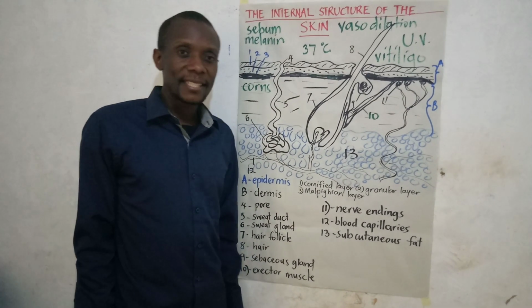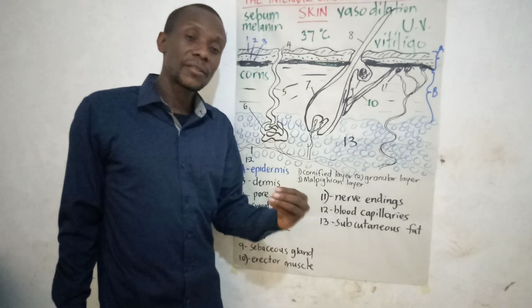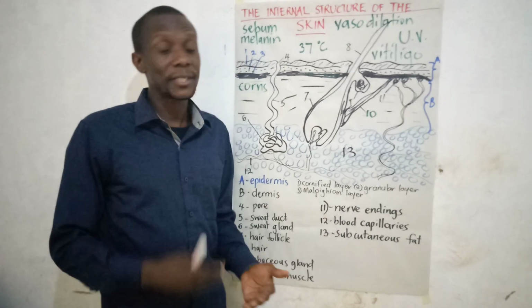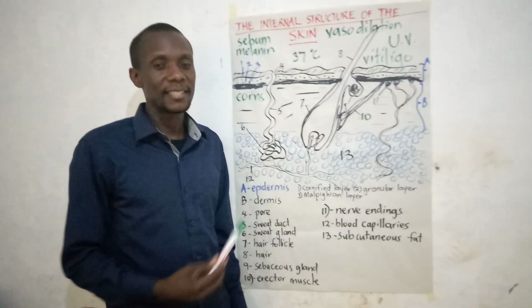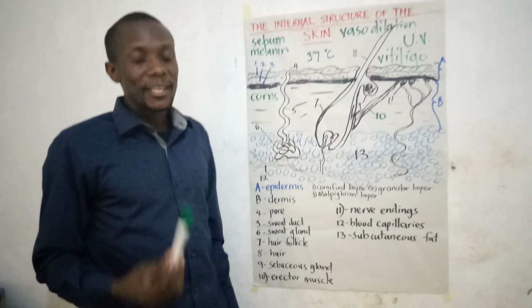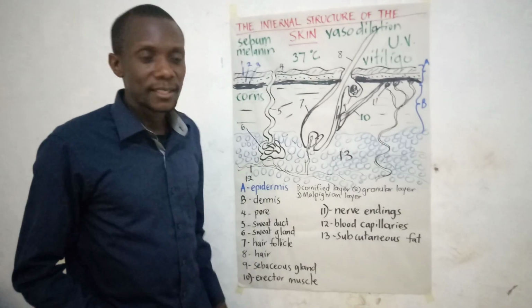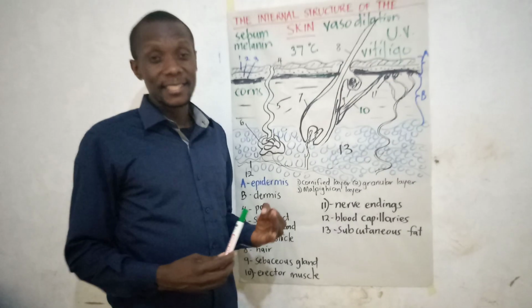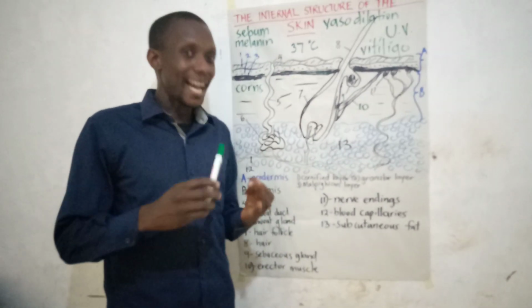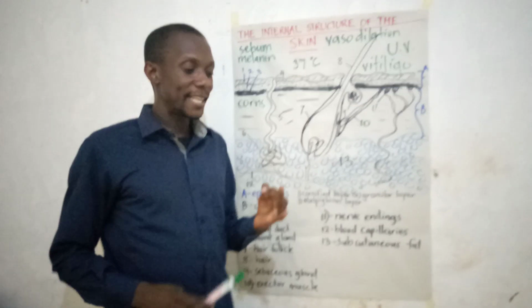Let's look at the diseases of the skin. The diseases of the skin have their details, which I'm not going to discuss right now. I'm just going to mention these diseases. You have to look up the details from your textbooks. I'm beginning with fungal diseases: we have athlete's foot and ringworm.